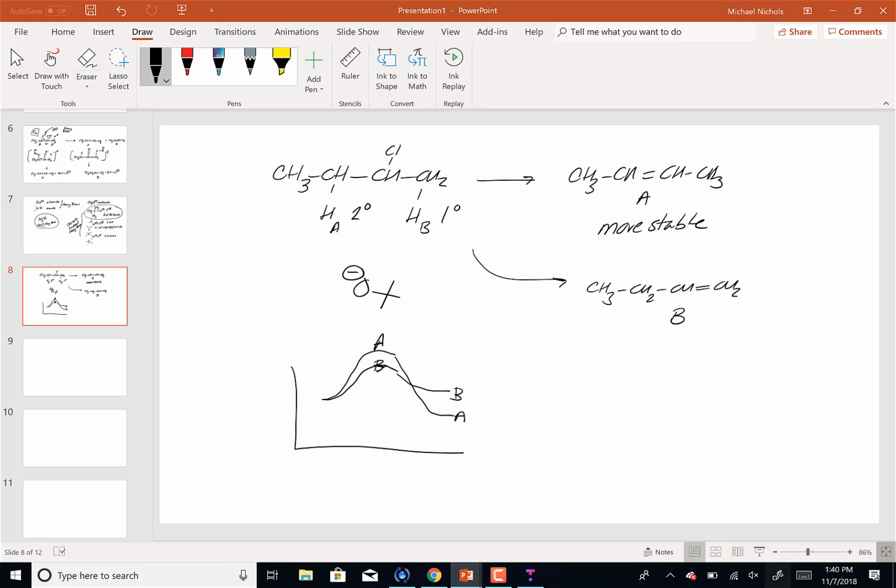And so when we've talked about stuff a while ago, we need to talk about it again and again and again. So this is what we would call the kinetic product because it's formed fastest. Why? Because it has a lower transition state energy.